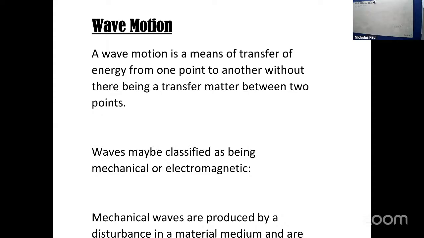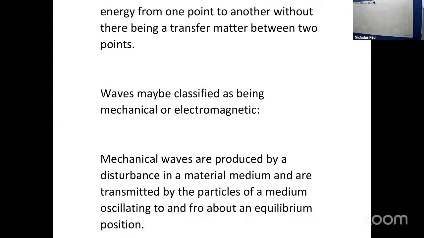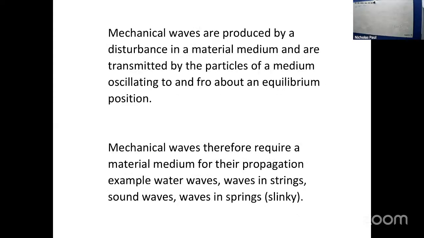So a wave motion is a means of transfer of energy from one point to another without there being any transfer of matter between the points. Waves can be classified as mechanical or electromagnetic.